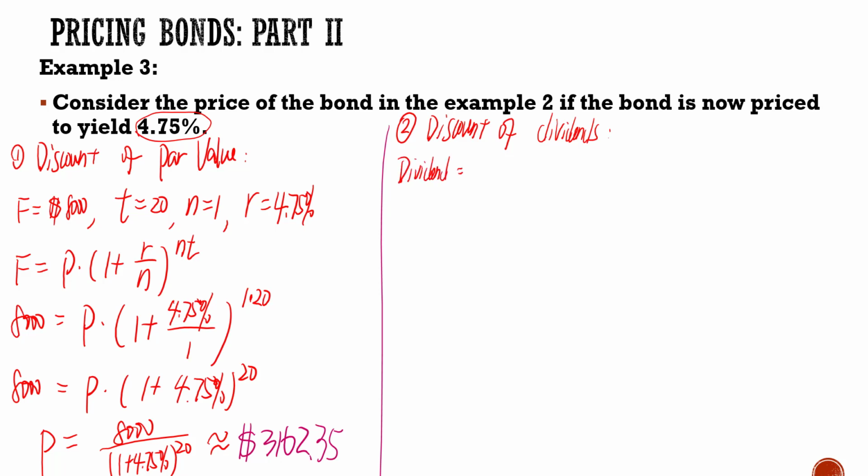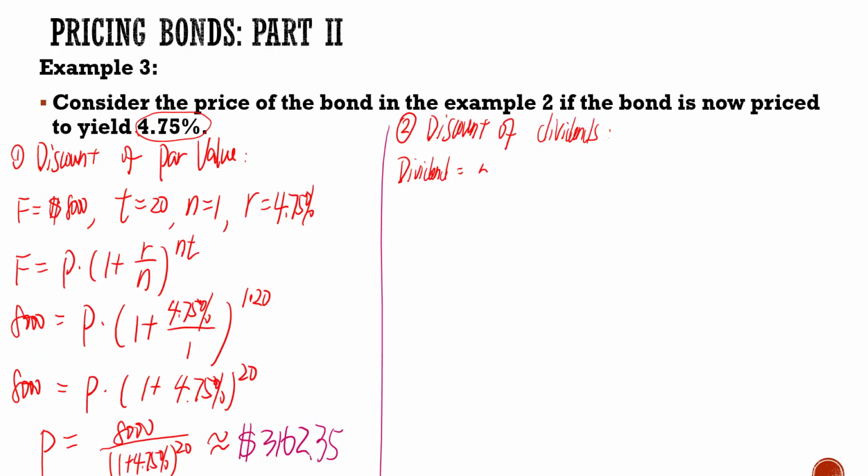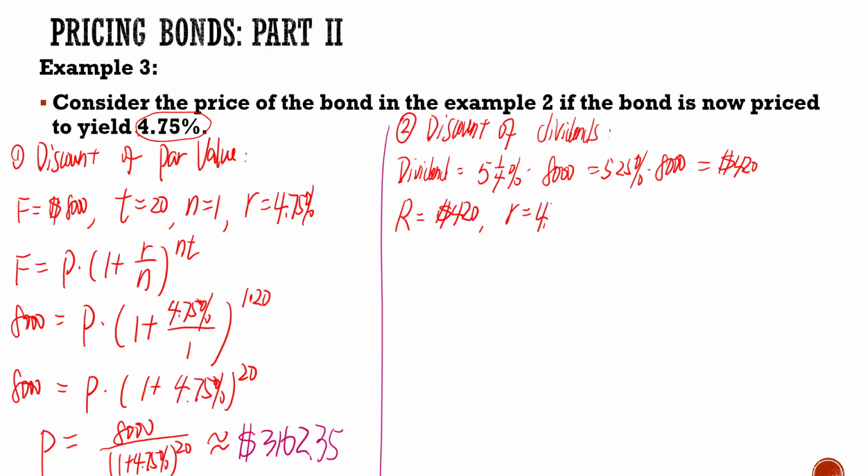The rate is 5.25% payable yearly, 5.25% times 8,000. So this turned out to be $420. Dividend amount is the same, so regular payment is the same, $420. The rate, it's 4.75% now.